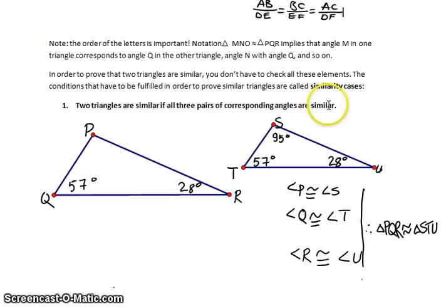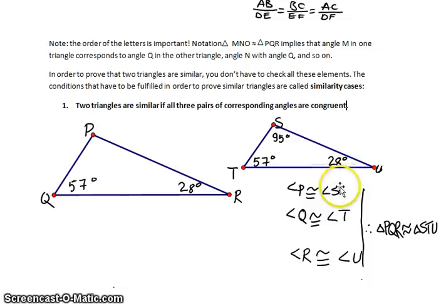I found a mistake here. Two triangles are similar if all 3 pairs of corresponding angles are not similar but congruent. Let's read again. Two triangles are similar if all 3 pairs of corresponding angles are congruent.